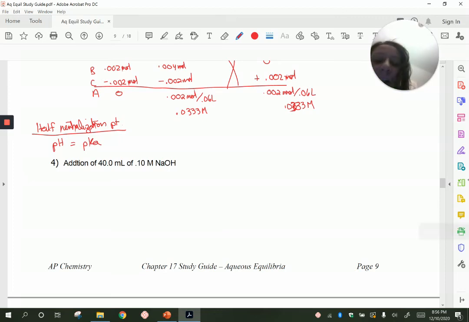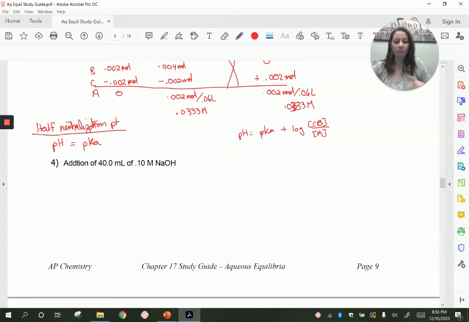Here's why. Let's say you do the Henderson-Hasselbalch. If you were to plug in your numbers, you'll see that the conjugate base and the acid are both the same concentration. And so the same number over itself is equal to 1. Log of 1 is 0.